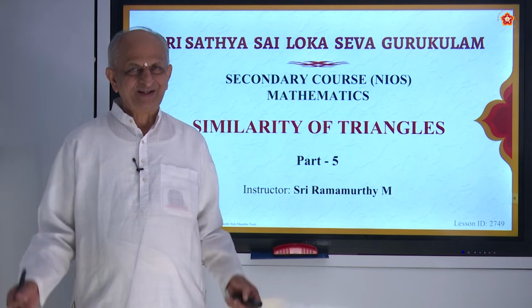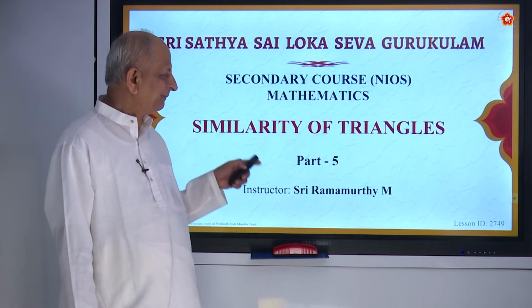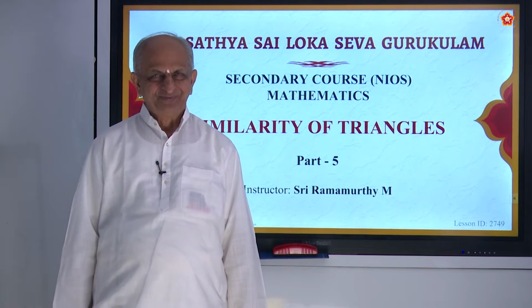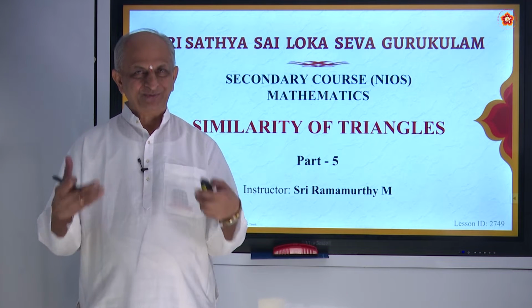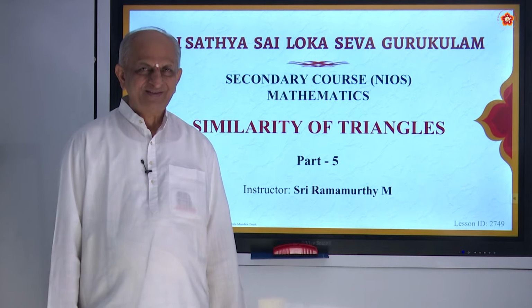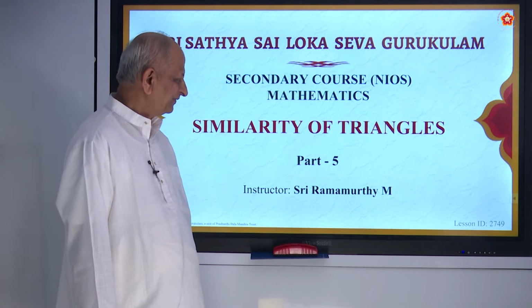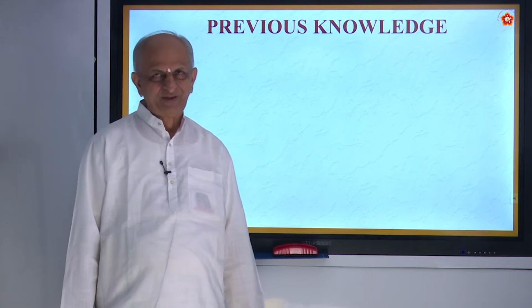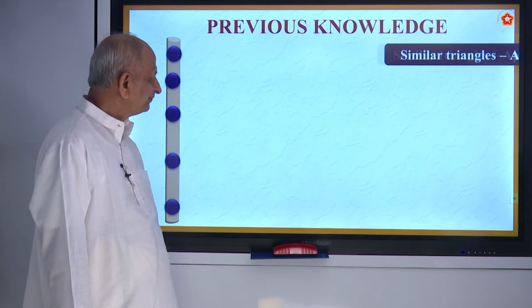Now we'll learn the lesson on the last topic of similarity of triangles. So you are exposed to some new things about triangles. And let us just revise once what we have studied in the previous class.